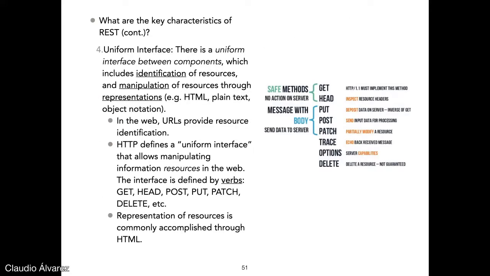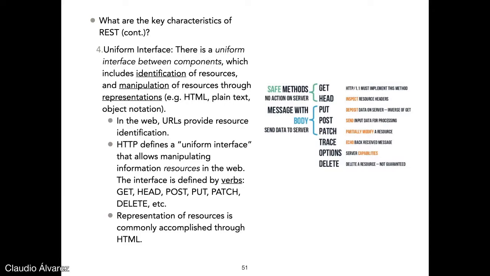Then the fourth characteristic is a uniform interface. So with REST systems, you expect to have a consistent interface to manipulate resources. In the web, this is accomplished by means of HTTP. HTTP will define a uniform interface, as you see in the image on the right. You see that HTTP supports different actions by verbs.